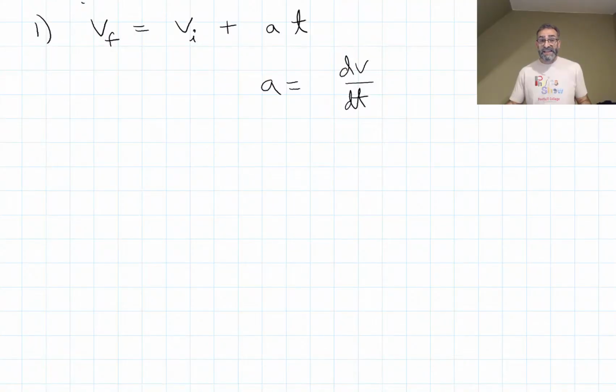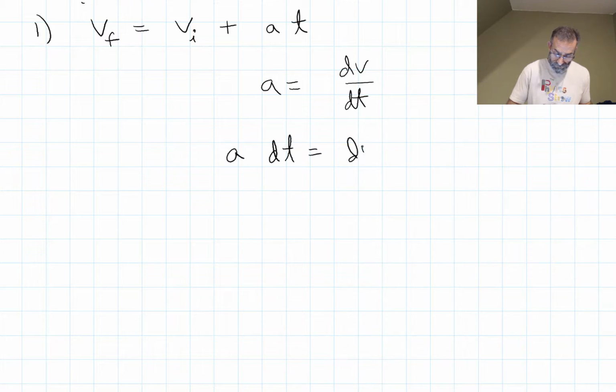Using the fact that the acceleration is defined as the rate of change of velocity with respect to time, dv dt, we can rearrange this and we can integrate both sides.